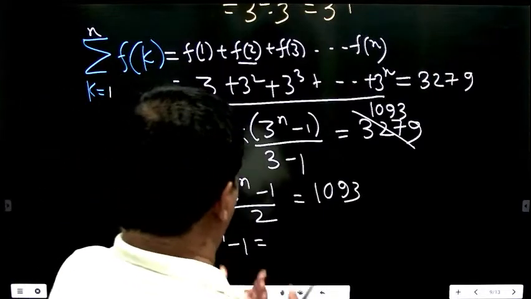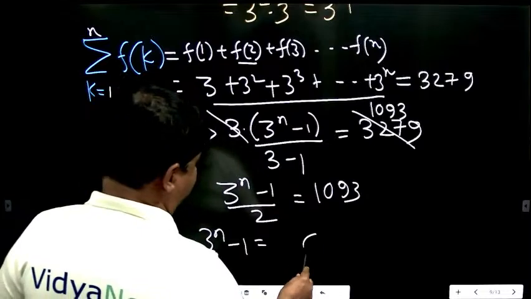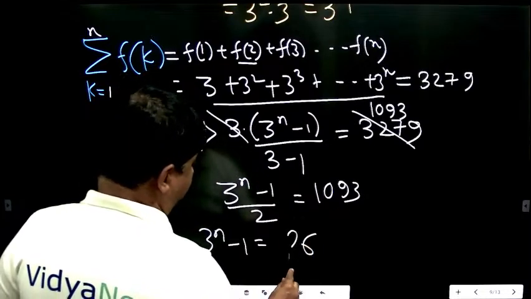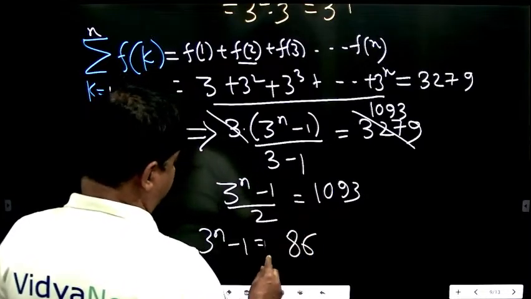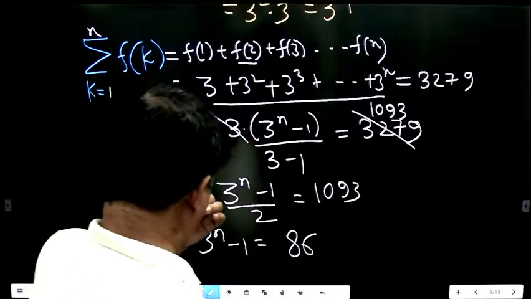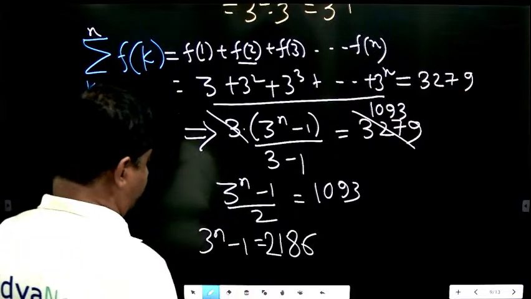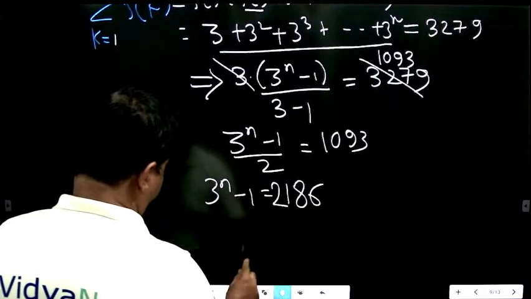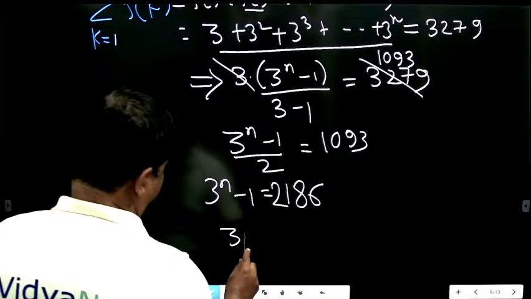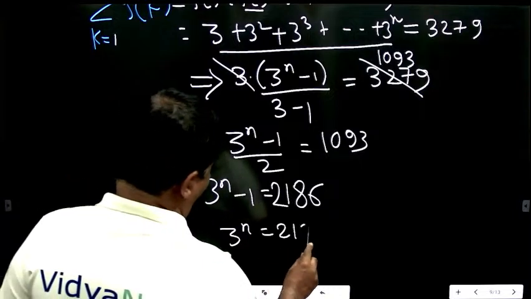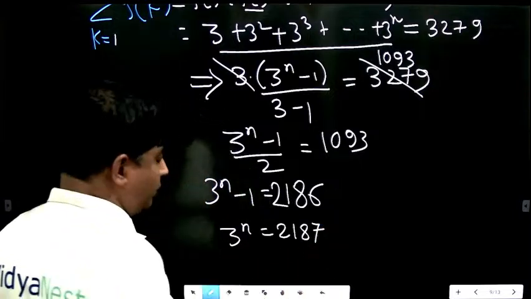You will be freezed. 2 into 3, 6. 9 into 2, 18. So 2187.